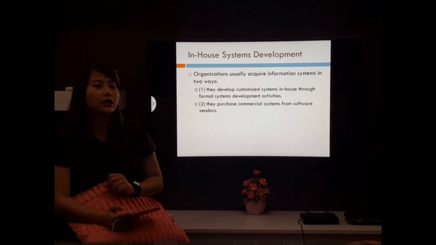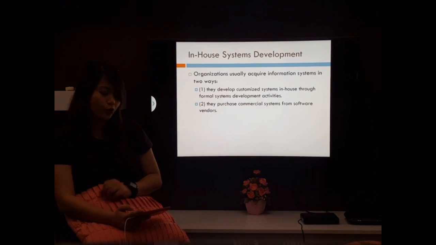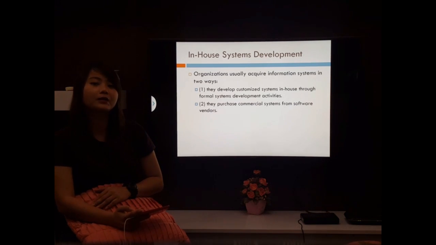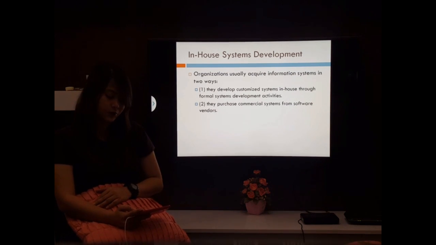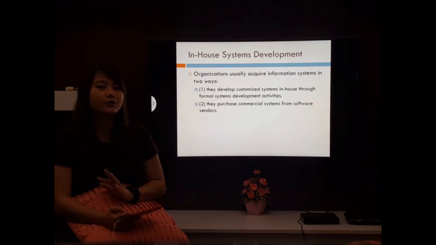Organizations usually acquire information systems in 2 ways. First, they develop customized systems in-house through formal systems development activities. And next, they purchase commercial systems from software vendors. These 2 ways of acquiring information systems have their own advantages and disadvantages.